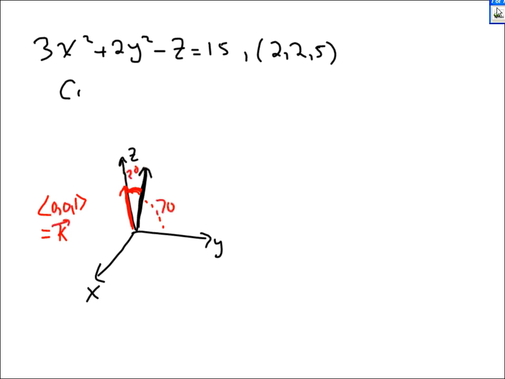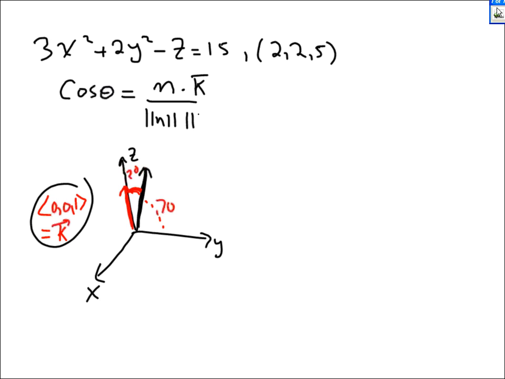So we know that the cosine of an angle between two vectors is the normal vector times their k vector, that's this vector here, and we divide that by the length times the length. Now remember, they said to find the angle of inclination theta of the tangent plane to the given surface. That's why we can use the normal vector.